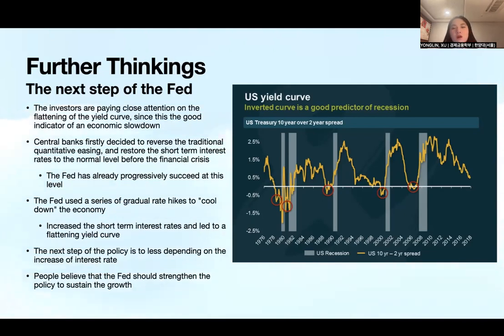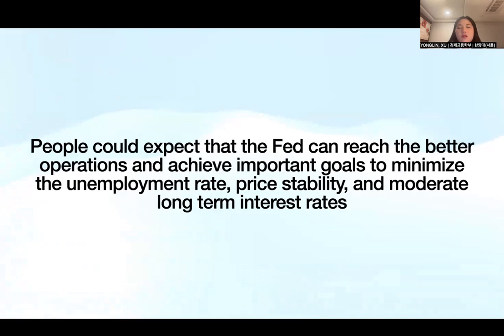So those are what I thought about, and I don't know if it's correct, but for this presentation, this is the last part. We can see that Operation Twist was first announced by the Fed at a very early time, aimed at restoring the yield curve.